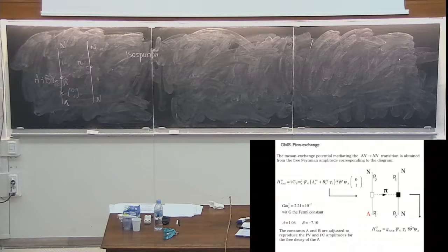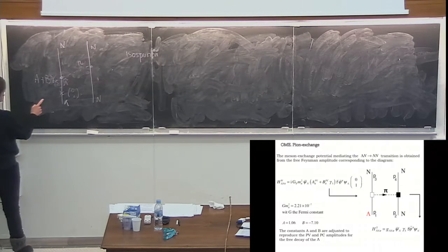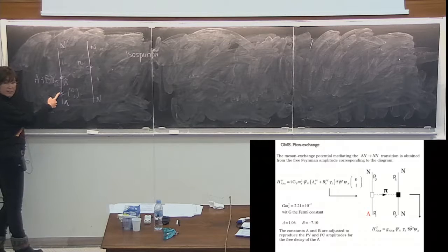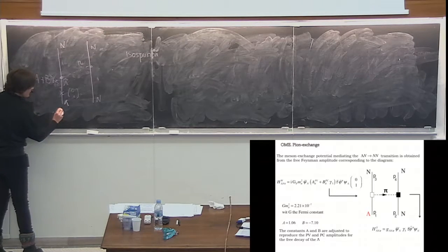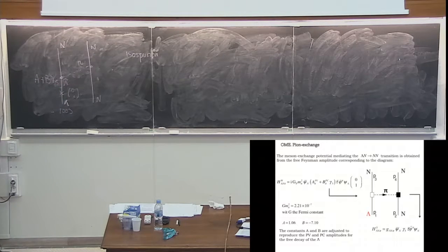So the delta isospin 1/2 takes place in the lambda line, in the baryon line. You go from a state which has isospin 0 to a state which has isospin 1/2 and x is minus 1/2. It's like a neutron, right? From the point of view of isospin, it will behave like a neutron, okay?